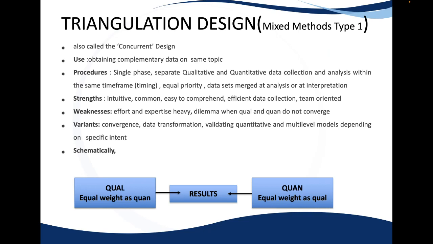The very first type of mixed methods design is the triangulation design. That triangulation design has to do with someone who's studying qualitative things at the same time as quantitative things, and they make the two coincide and they are both equal. So we call that a simple, straightforward concurrent design.